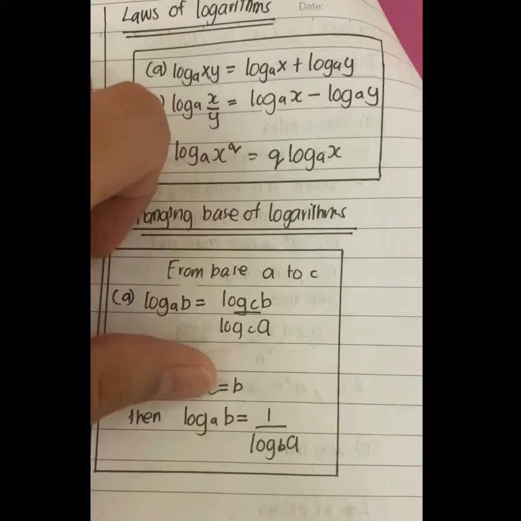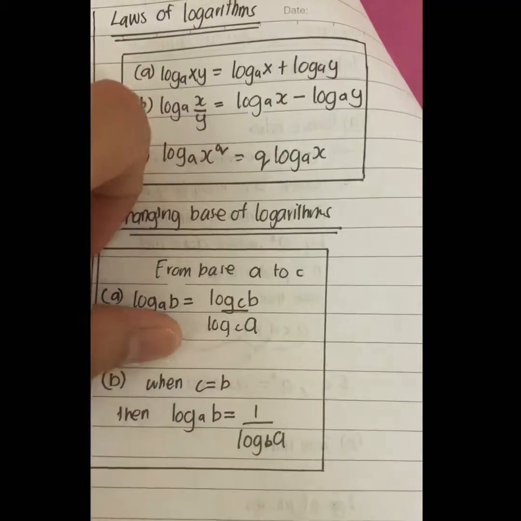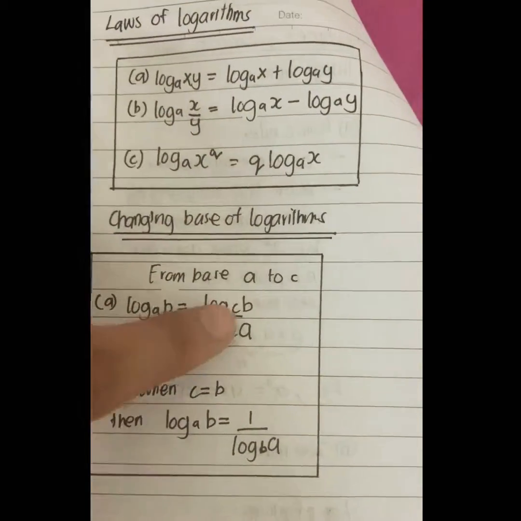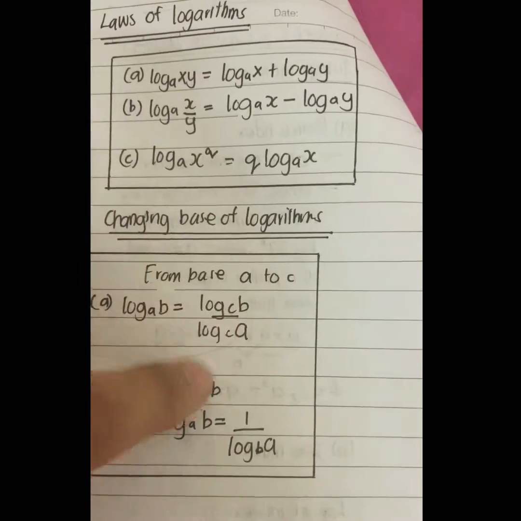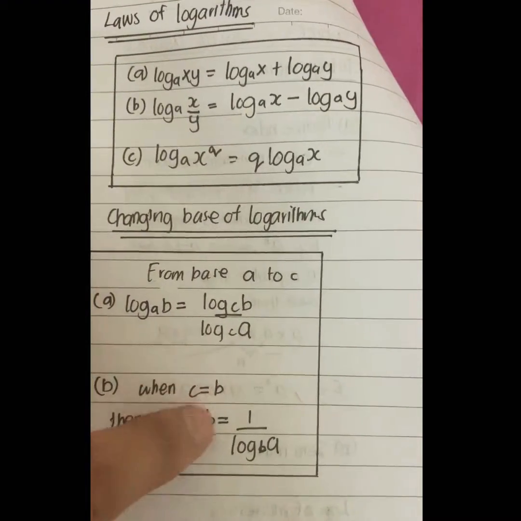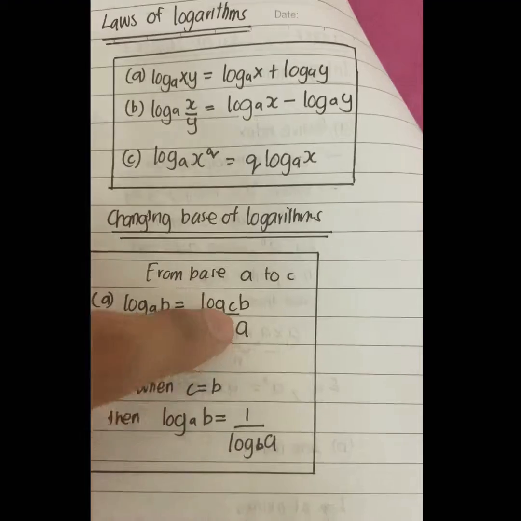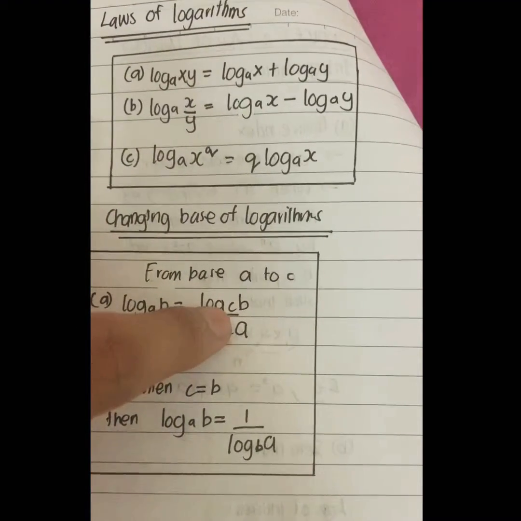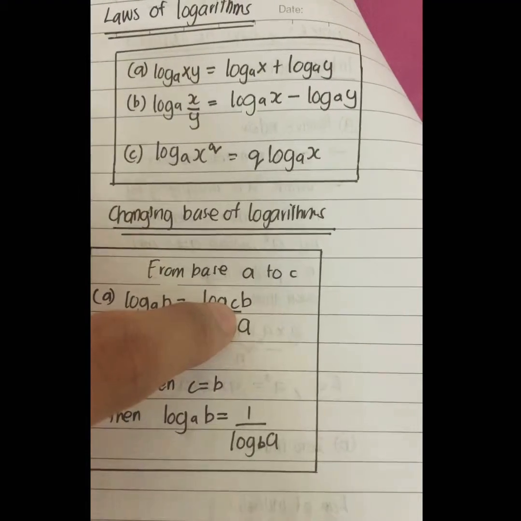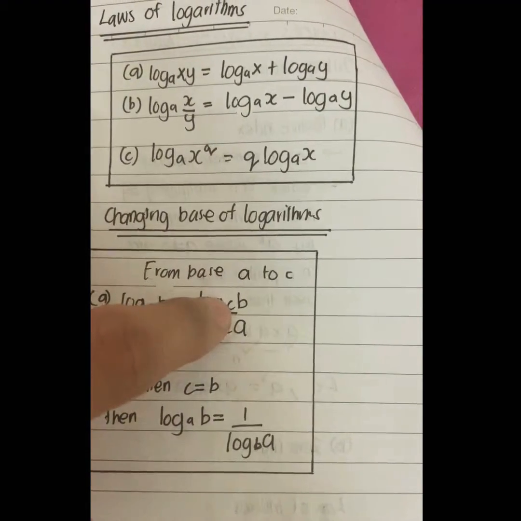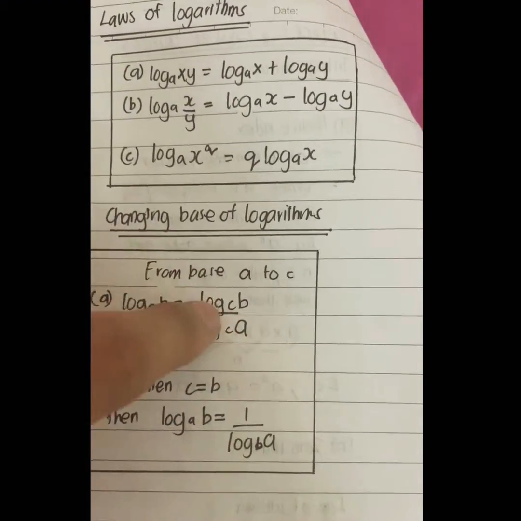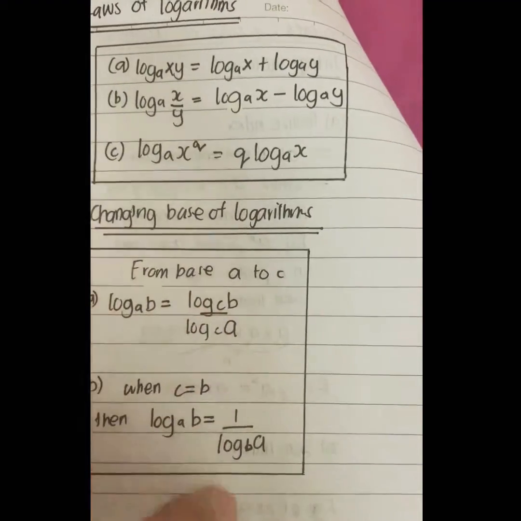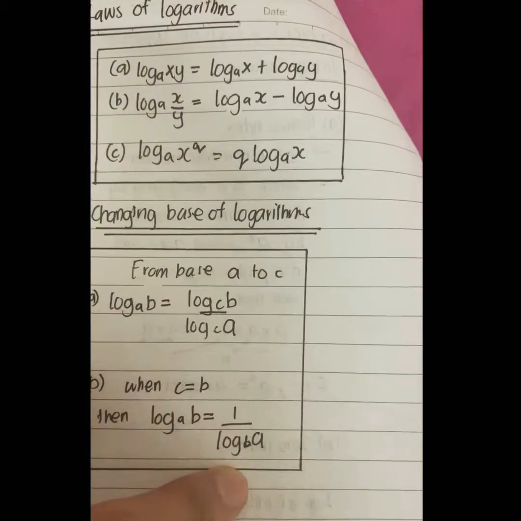When c is equal to b, how? Okay, just write it in this form first. Then you will notice that c is equal to b. When you replace c by b, you will get log b to the base b, which is 1.